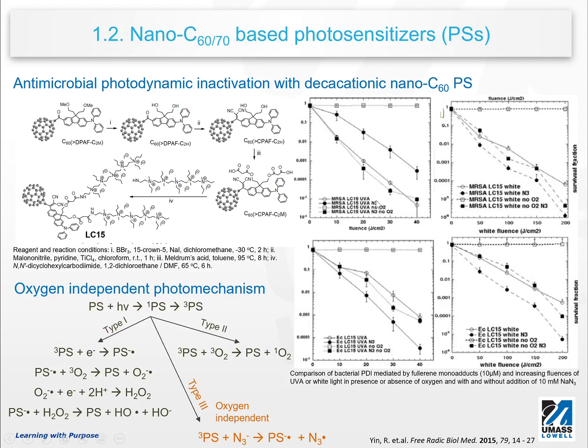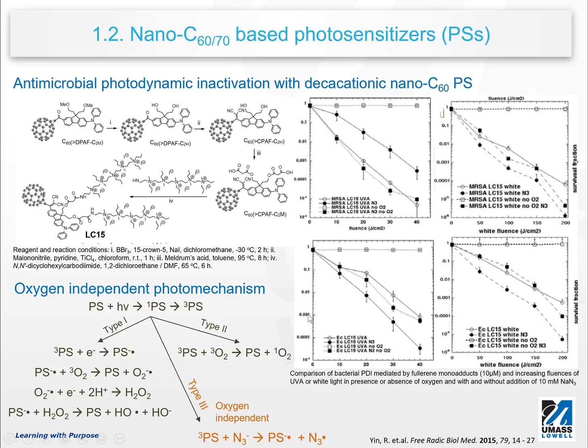However, without other ions, this hollow square line shows not much killing efficiency. So that means even though we don't need oxygen, we do need other ions in order to achieve oxygen independent killing.